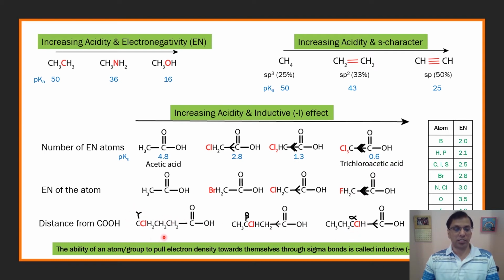If it is attached to the gamma carbon atom, it has very little inductive effect. So the closer the electronegative atom, the higher the inductive effect. So these are the pKa values. As you can see, when the substituent is on the alpha carbon, the pKa value is 2.8, but when it's on the gamma carbon, the pKa value is 4.5, which is pretty close to that of acetic acid.